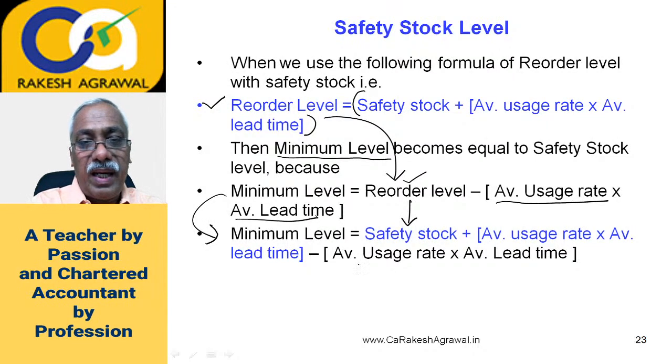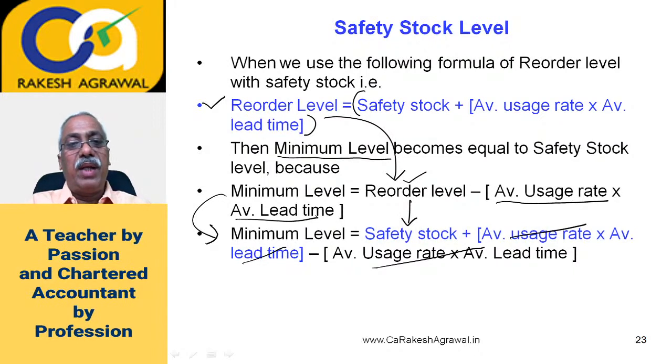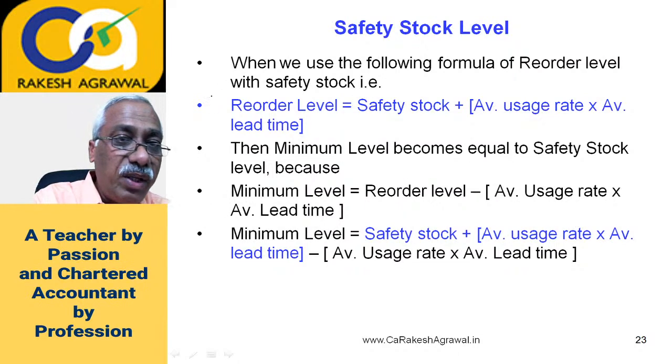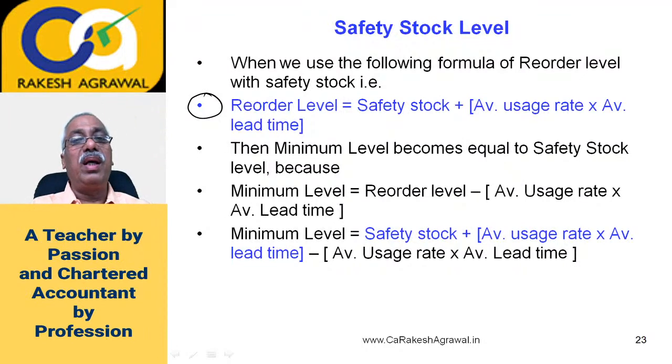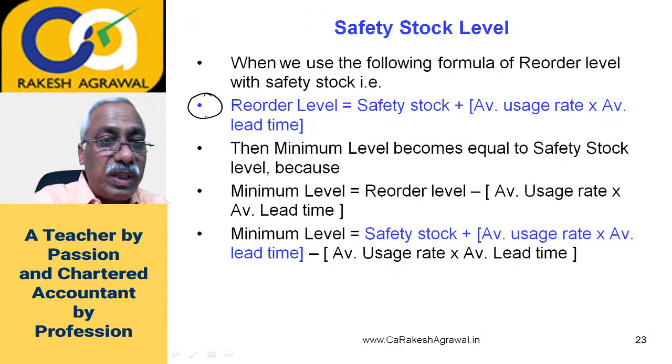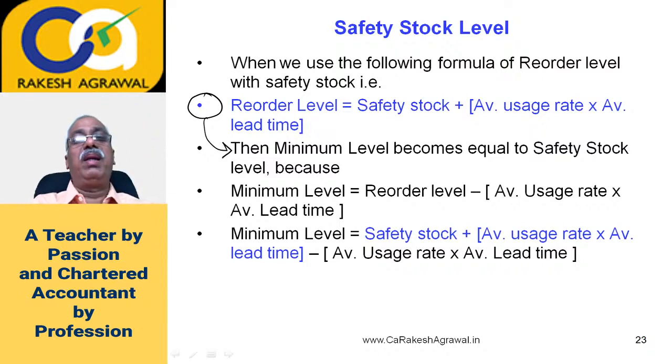Now if you see this bracket, average usage rate into average lead time minus average usage rate into average lead time, it will get deleted, and you will find minimum level becomes equal to safety stock level. Just see it carefully. You can try it on a piece of paper. So when minimum level and safety stock level will be same? Only when we use this formula of reorder level. So when we use this formula of reorder level, then your minimum level becomes equal to safety stock. It means your safety stock itself is minimum level.